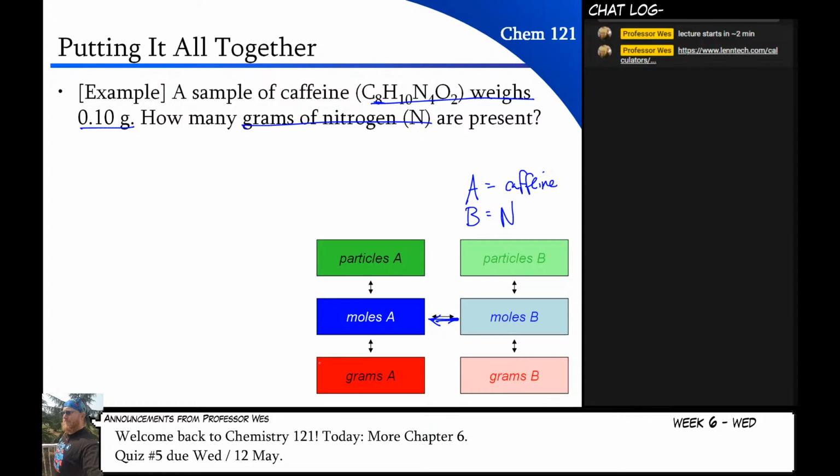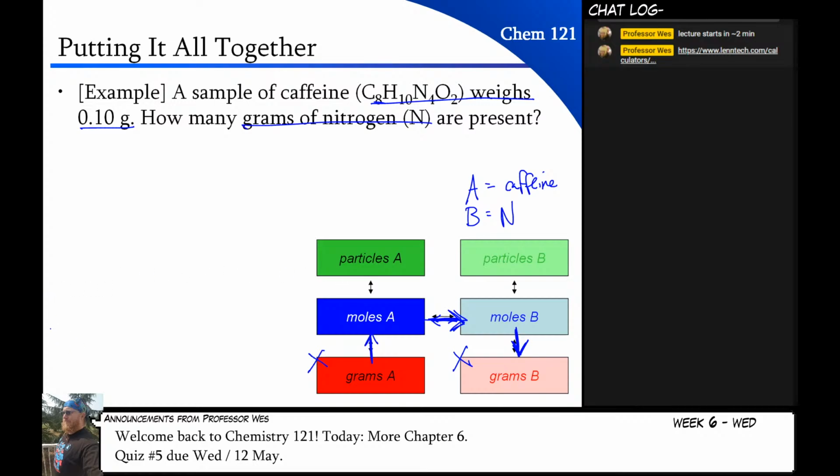So I gave you a mass of caffeine, so we're going to start here. And I want to know the mass of nitrogen, the number of grams. So we're going to end here. So this is our path. I'm going to turn grams of caffeine into moles of caffeine, moles of caffeine into moles of nitrogen into grams of nitrogen.